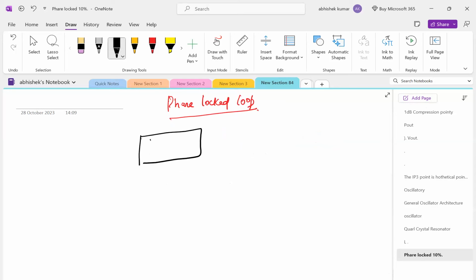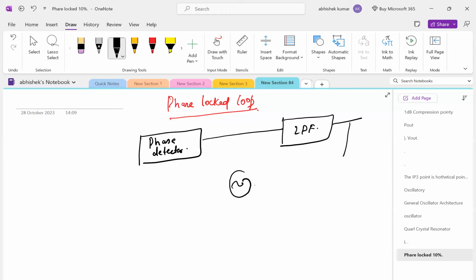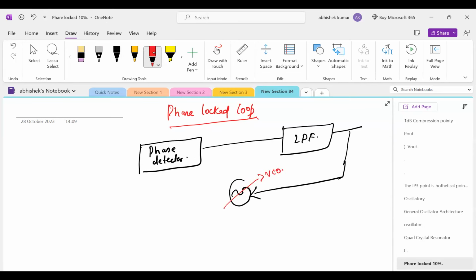This is your phase detector, and this is your low pass filter. This is your VCO. This is your V input.